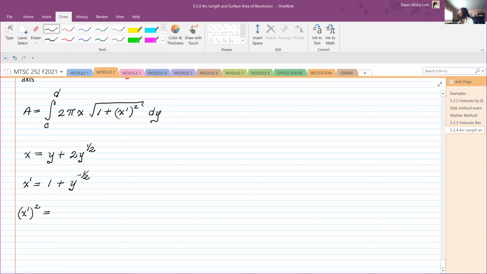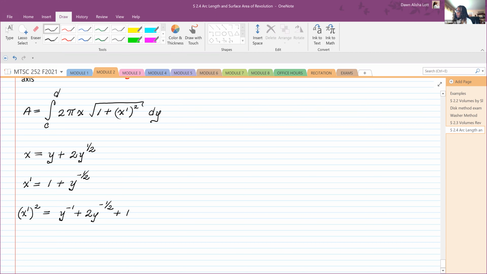What do you get? Anybody have an answer? Gustavo, would it be y to the negative 1 plus 2y to the negative 1/2 plus 1? That looks good to me.